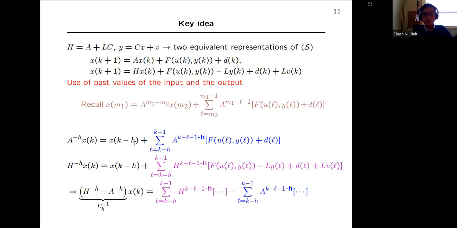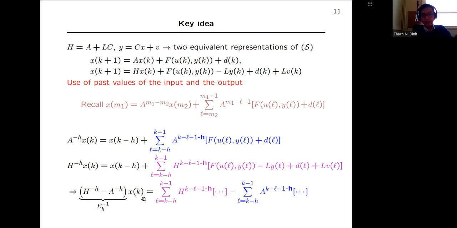And now please remark the color code: the purple one, the blue one, and the black one. If we take the second relation minus the first relation, we can obtain the following relation. That means the black terms equal the purple one minus the blue one.